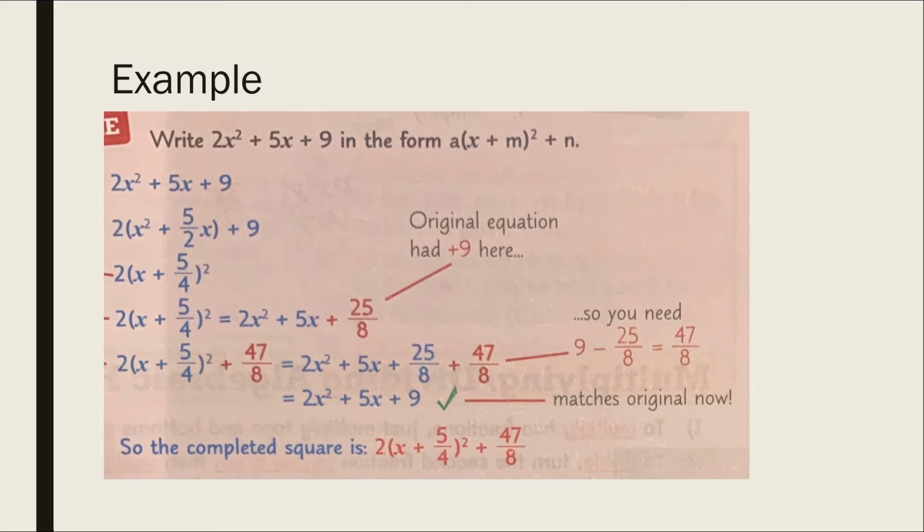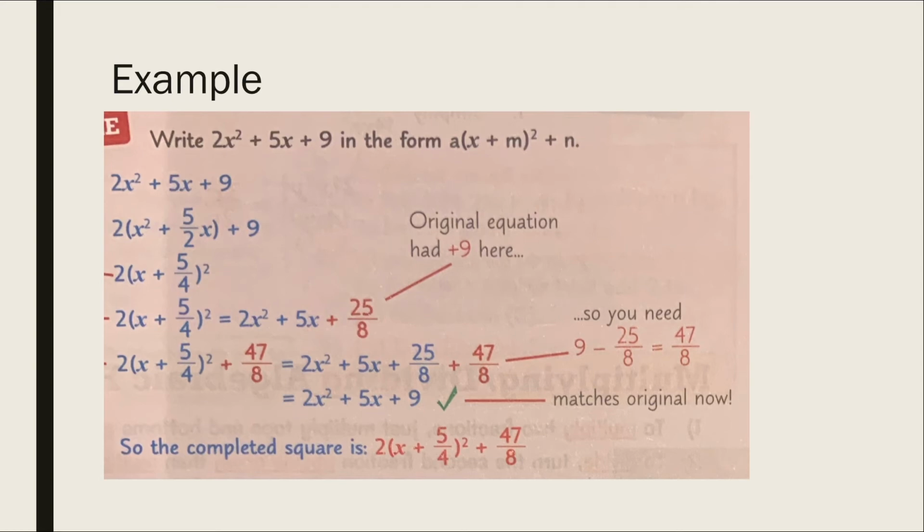So to get the 9 over here, we want to have 9 minus the 25 over 8, which equals 47 over 8. So it's 2 times x plus 5 over 4 whole squared plus 47 over 8, since the difference of 9 and the 25 over 8 is 47 over 8.